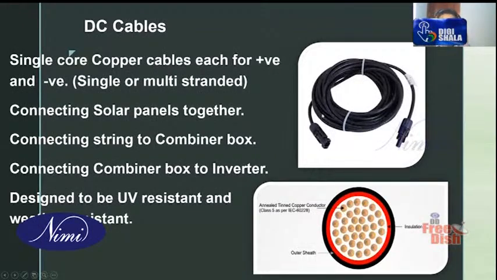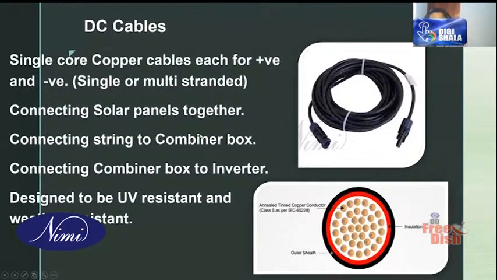So these particular DC cables are used to connect your solar panels together, connecting string to the combiner box, connecting combiner box to the inverter. So here you can see a cross section of this solar cable, DC cable. So this is the conductor, standard conductor.